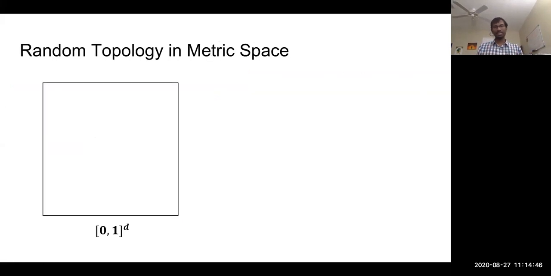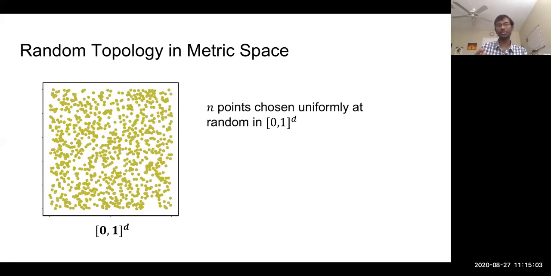Now let's use this model to generate a theoretical model that we can then use to analyze this random topology. So we're going to be considering a d-dimensional unit hypercube, and let's choose some endpoints uniformly at random from this hypercube.